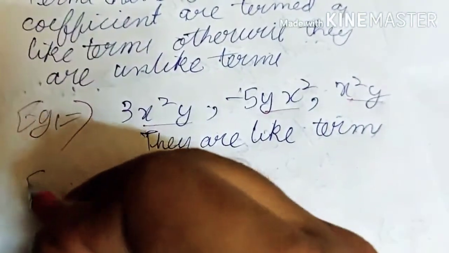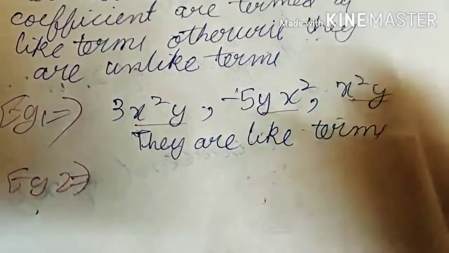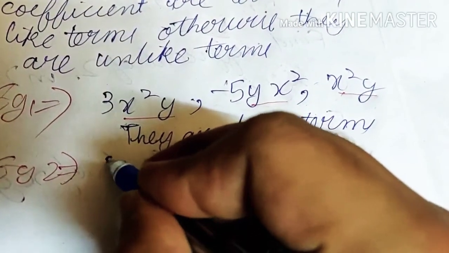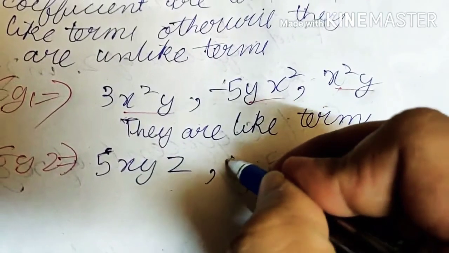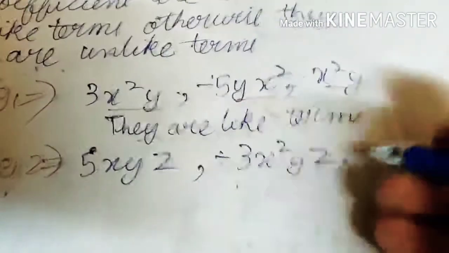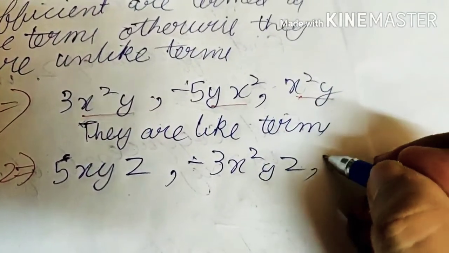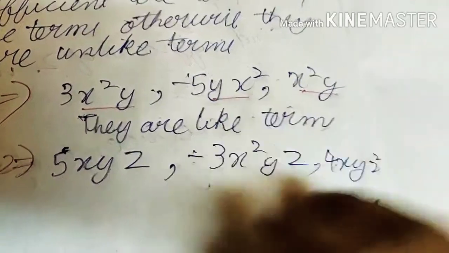Taking one more example, this was the first, example 2. Here we are taking 5xyz, minus 3x square yz, comma, 4xyz square.